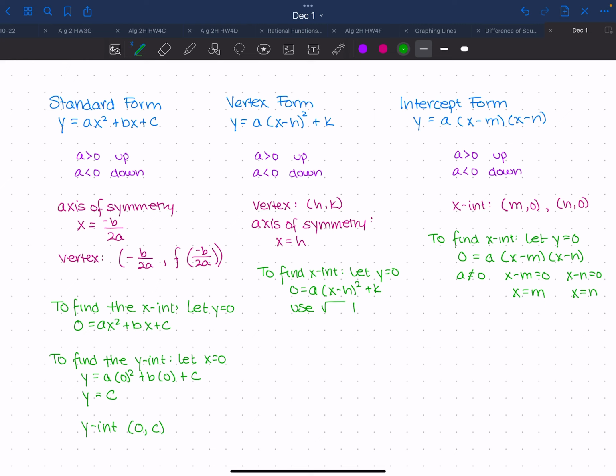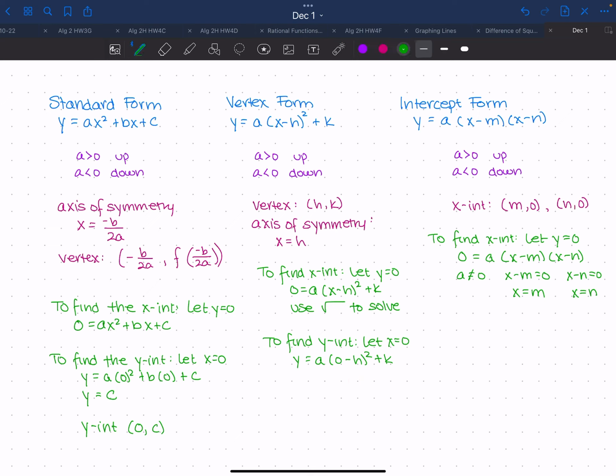But to find the y-intercept, we're still going to let x equal 0. So if I let x equal 0, you just plug it in, and you would solve this. Square the h, multiply by a, add the k, you get your answer, whatever it is.